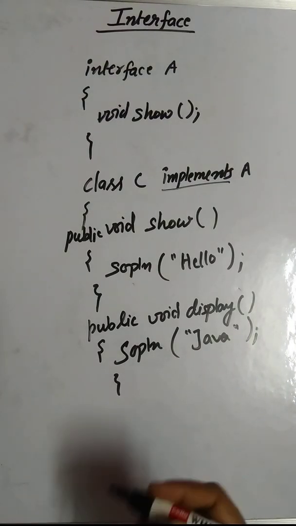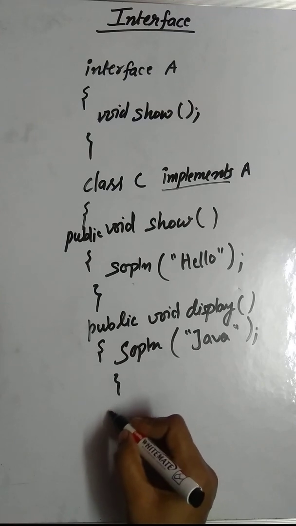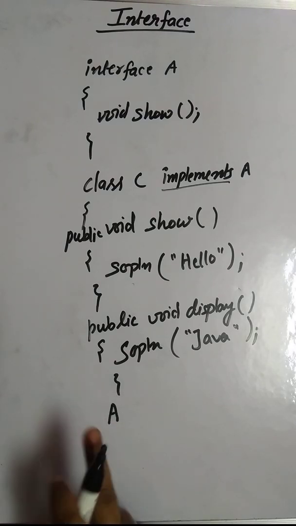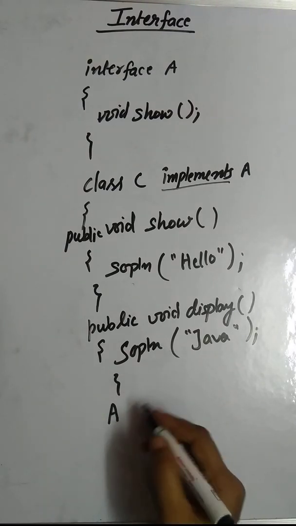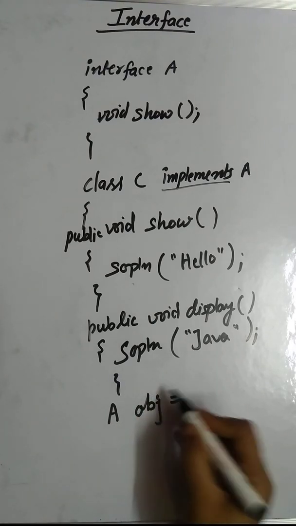But we can pass the reference. How can we pass it? A is the interface, so A, then object name obj.